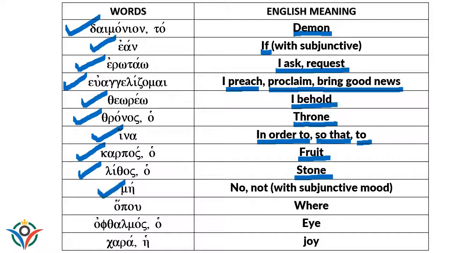Then we have me, which is our negative particle, which we translate as no or not in the subjunctive mood. Next we have hopou, which is where. Then we have ophthalmos, from which we get our English ophthalmology, which is the study of eyes. So we know that our vocab is eye. Then we have chara, which is joy.